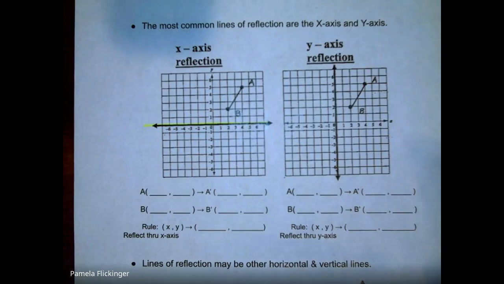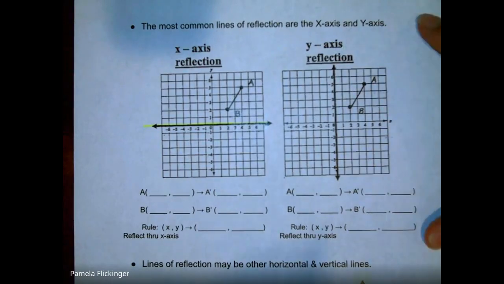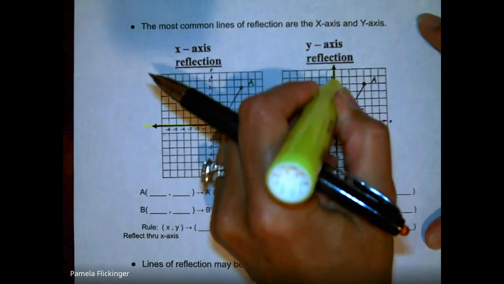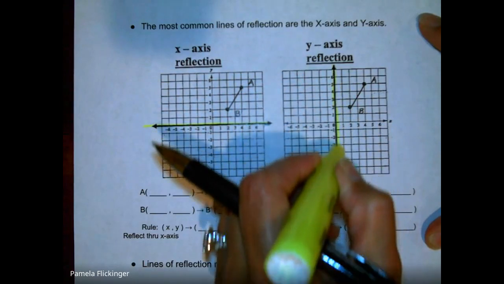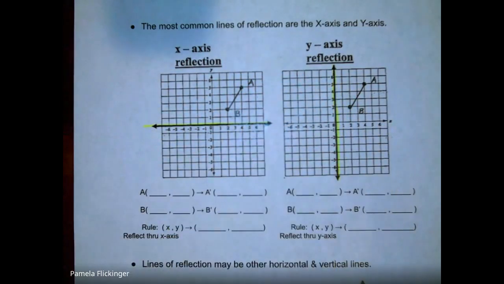This picture, we've got the Y axis as our reflection line. So I'm just going to highlight that. That just kind of helps you identify on the coordinate plane a little bit easier. You don't have to do it, but it may help.